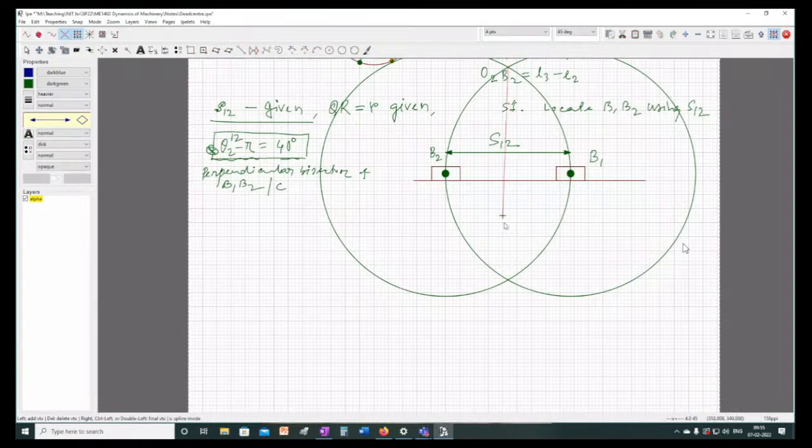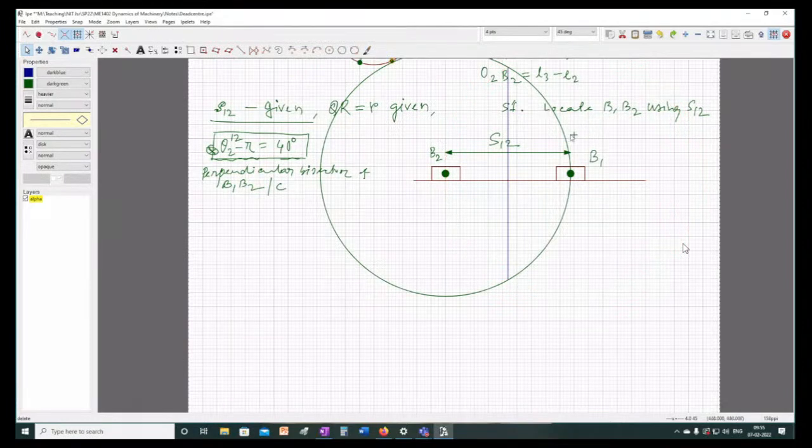This is one intersection point, this is another intersection point. So joining these two intersection points, the perpendicular bisector is drawn. I'm removing these circles. We have drawn this perpendicular bisector.